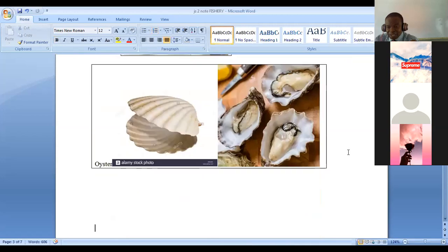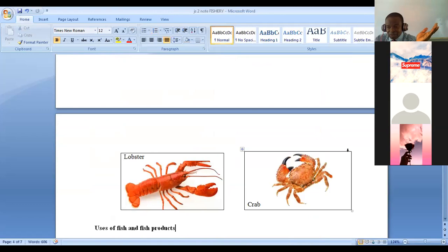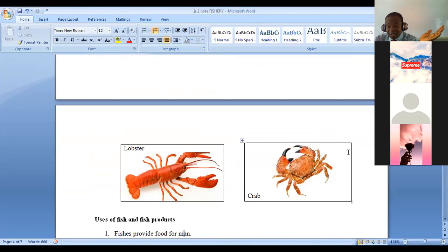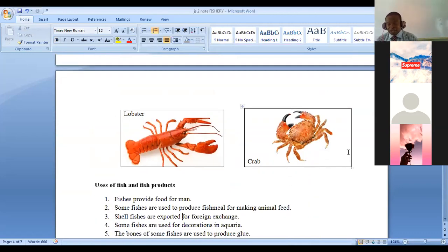Their shells are exported from Nigeria to other countries where they are needed. And then these people pay for it. They pay with their own country's currency. That is foreign exchange.